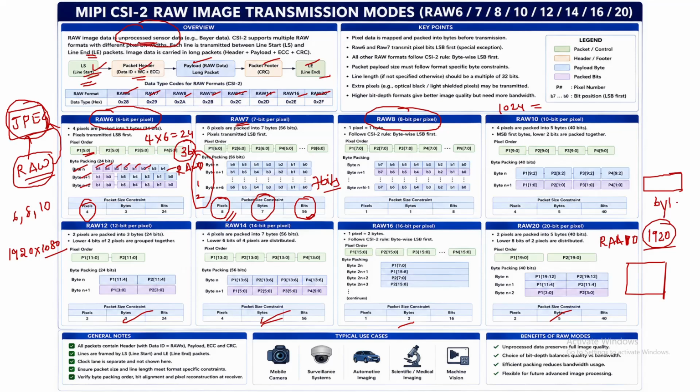In byte 0, 8 bits are transmitted, there is no problem, but the remaining 2 bits will be sent in the next byte. That is why byte alignment is very much needed. Based on that, I need to know whether these 2 bits are related to the first pixel or the second pixel. That is the byte alignment we require to transmit the data.